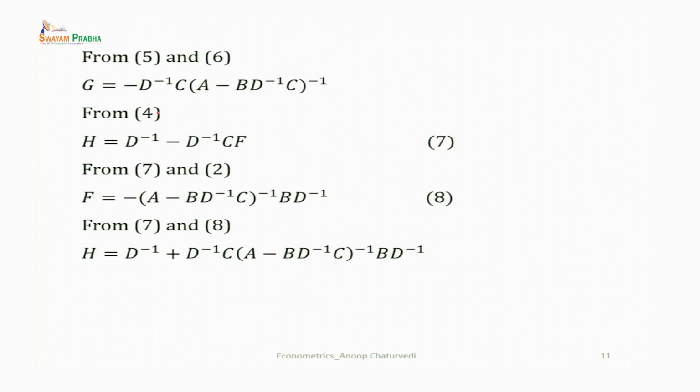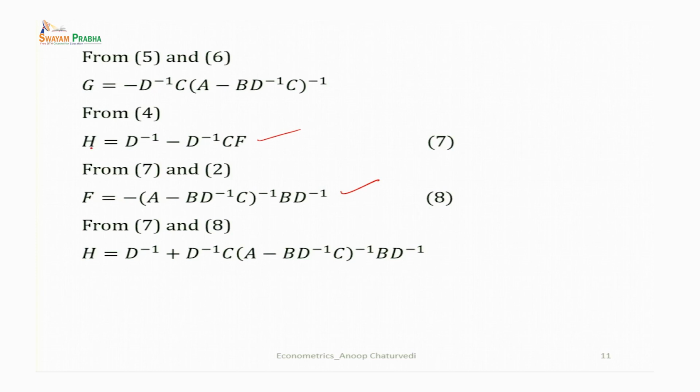Again from equation 4, H is equal to D inverse minus D inverse C F, and then we substitute the value of H in equation 2 from equation 7. So, you get F equal to minus (A minus B D inverse C) whole inverse B D inverse. So, you get the value of F here, and then we substitute the value of F in this expression.